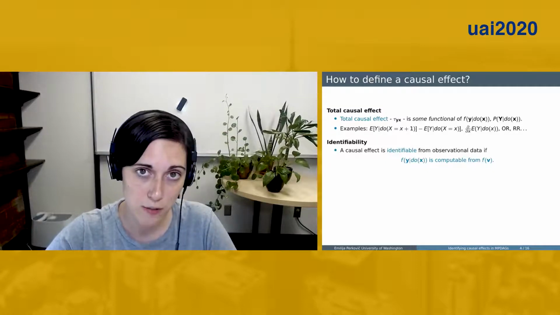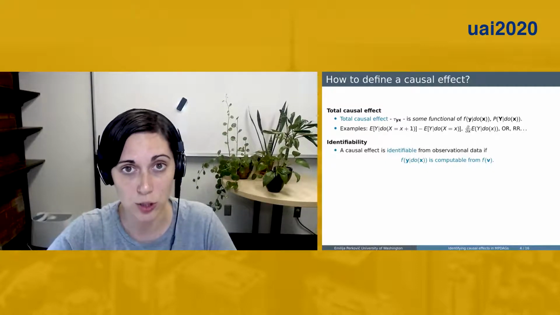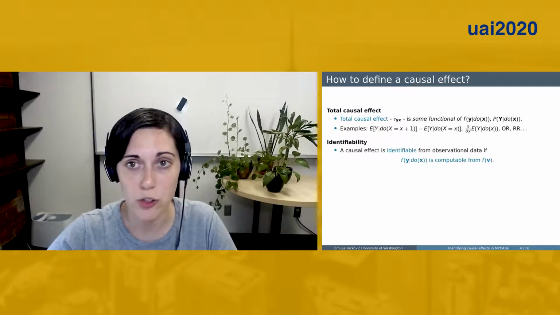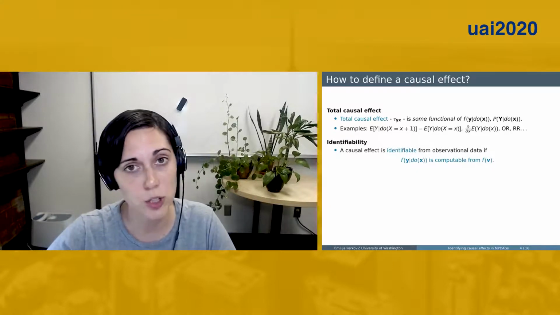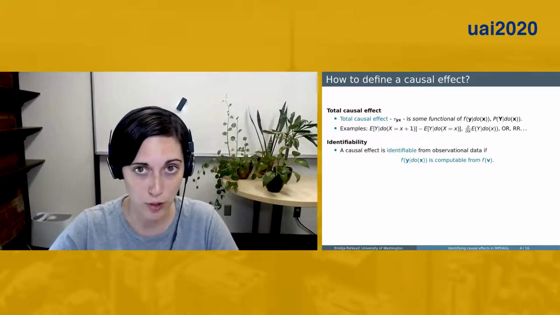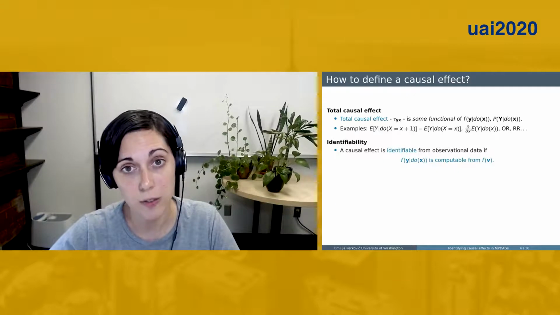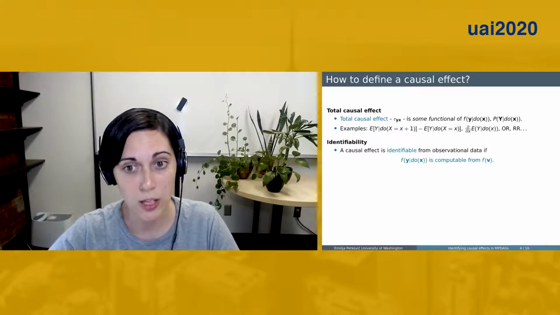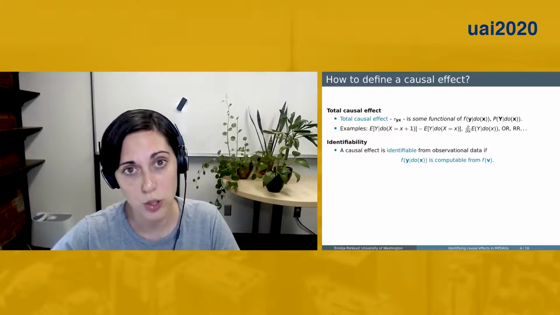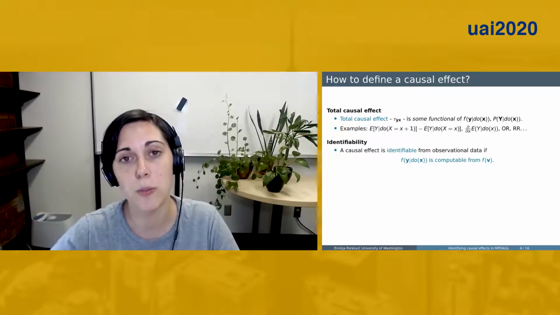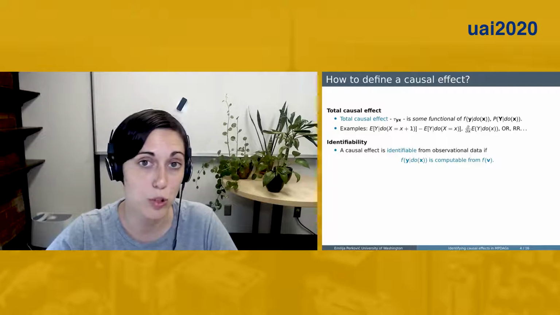A total causal effect is generally some functional of this interventional distribution of the response. It could be a difference in expectations, an odds ratio, a risk ratio, whatever you prefer. We say that this total causal effect is identifiable from observational data if this interventional distribution of the response can be uniquely computed from an observational joint distribution of the data.